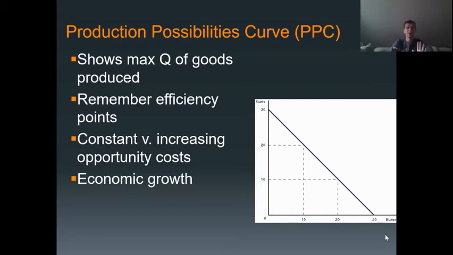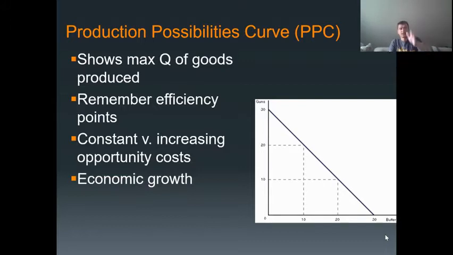This plays into economy-wide a production possibilities curve. So this is a straight or bowed out line that shows the maximum quantity of goods that an economy can produce. Yes, it's simplified. In this economy, you can only produce two goods.